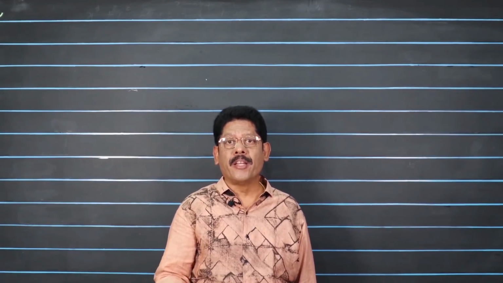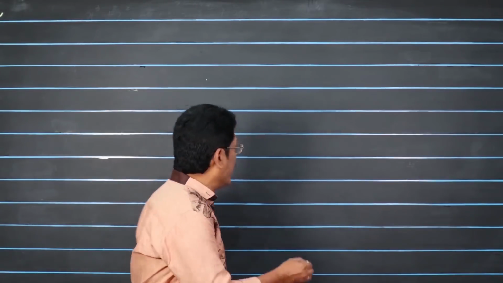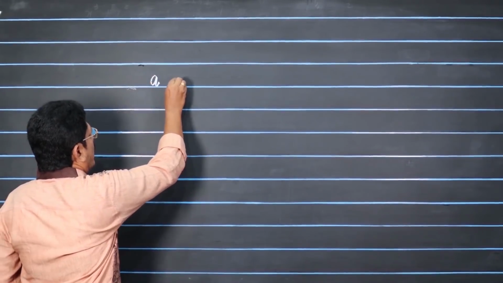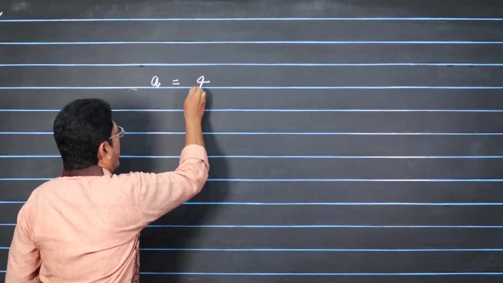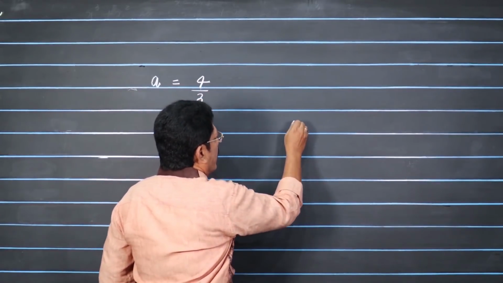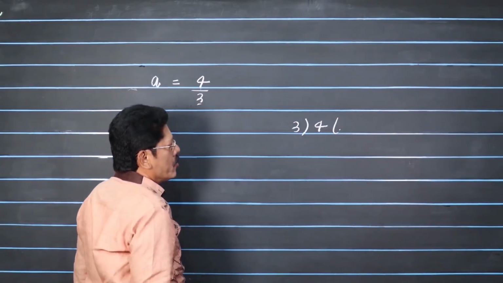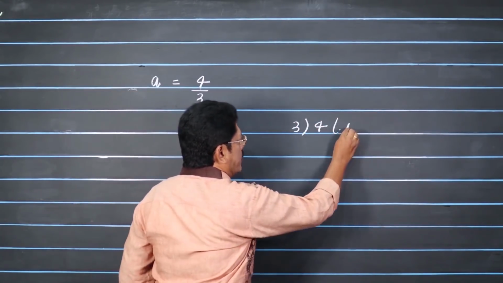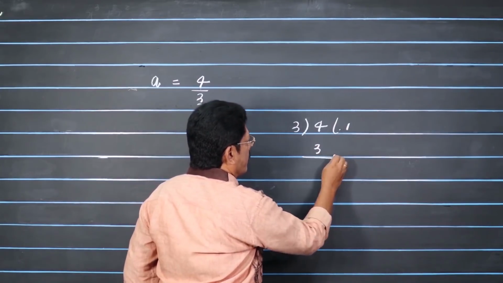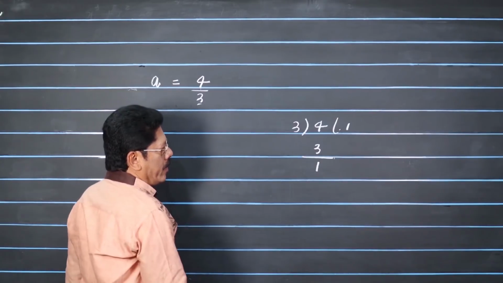Now, this fraction has to be converted into a decimal number. Dividing 4 by 3, 3 will go into 4 once. 4 take away 3 is 1. The remainder is 1.